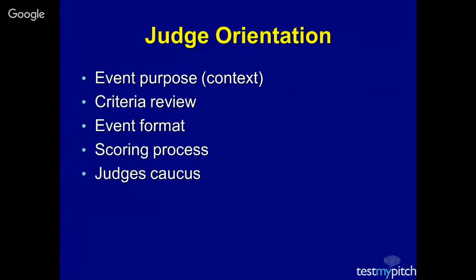Without reframing them, they're just going to continue, because a body at rest continues to remain at rest, and a body in motion will continue to remain in motion. So unless we reframe them, bring them to where we are now and how we need them to interpret these criteria, they're just going to apply their frame of reference to it. Making sure we have clearly defined the event purpose and the context of the criteria is key.